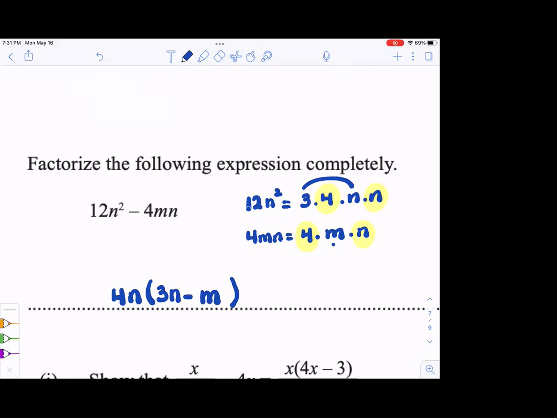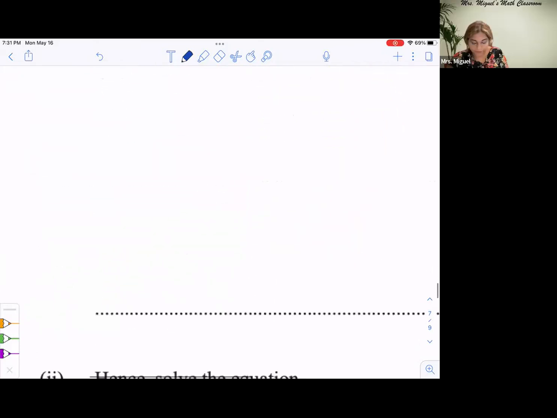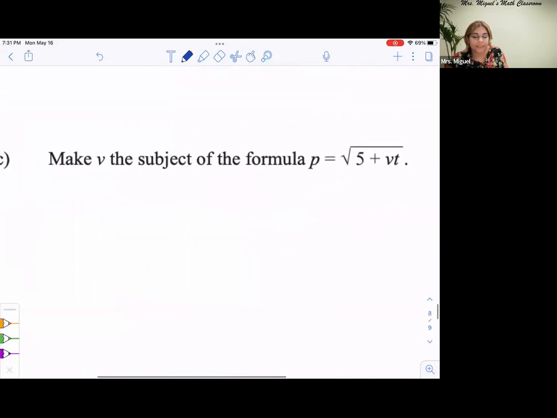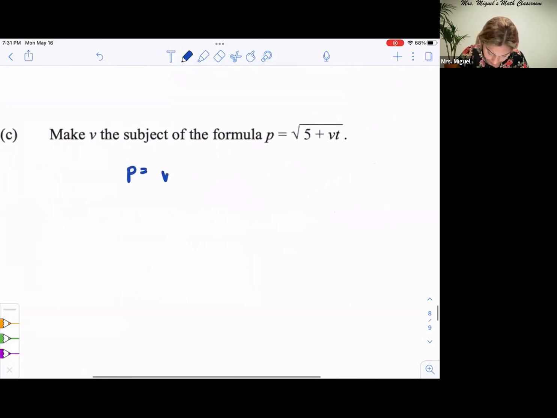Yeah, miss. I'm leaving this question for last. Make V the subject. So just like we have to transpose this formula, I'm going to give you a hint. The first thing we need to do is square both sides. To remove the square root, square both sides.